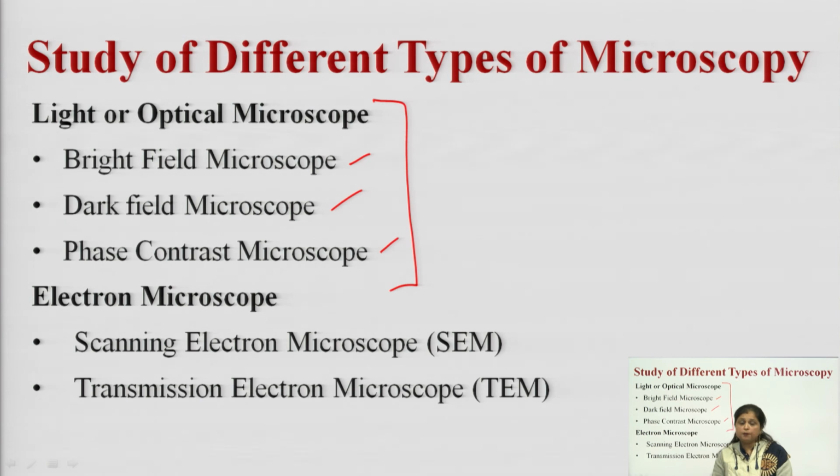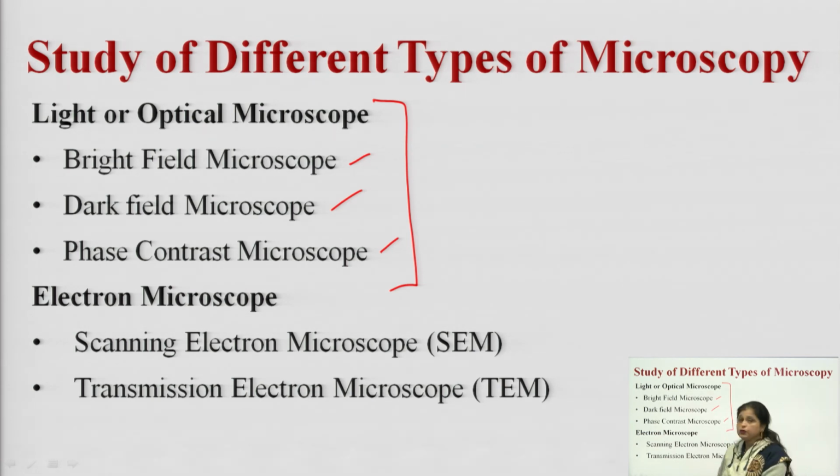I told you about the differences between bright field, dark field and phase microscopes, the differences between their principles, how they work, and their applications where we can use these instruments in microbiology. These topics we have already covered in the previous lecture.